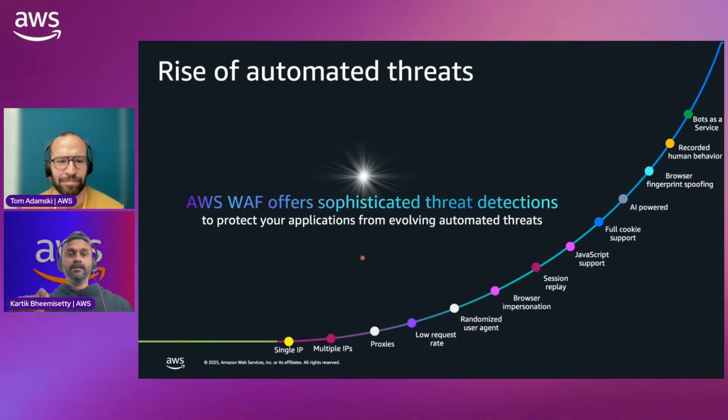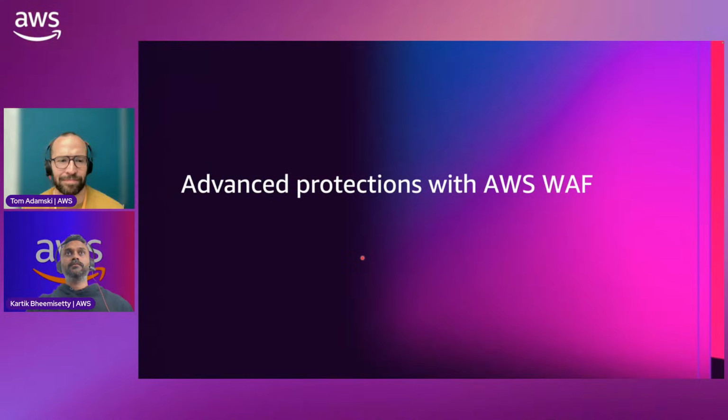It's very tricky to detect that kind of traffic. What does WAF do here? WAF also evolved as the threats evolved, so we offer a lot of sophisticated, intelligent threat detections to help you protect your applications.